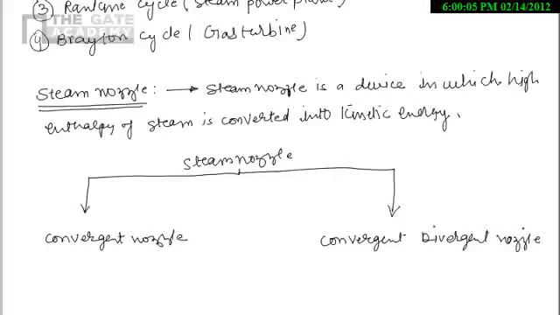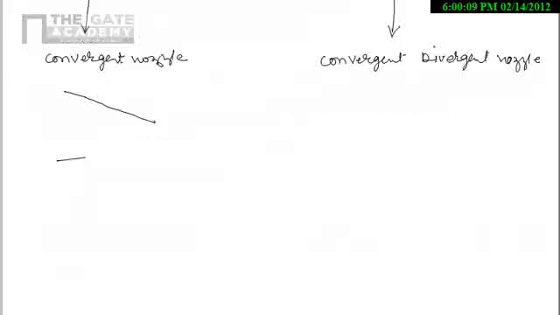I will show the diagram for the convergent nozzle. The area of cross section will gradually decrease. Here section one is the inlet and section two is the outlet.